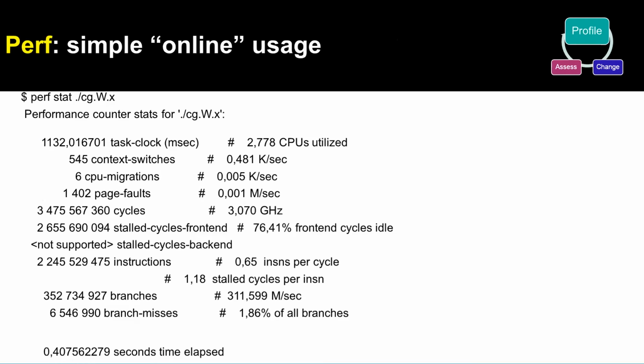This is an example of a command where you can see the context switch rate, the CPU migrations, the cycles, so the frequency of your CPU, as well as the number of instructions completed, the number of branches executed, missed branches, and so on.